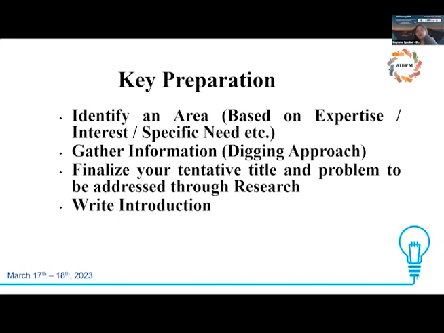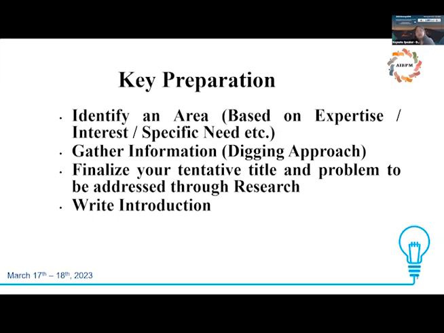Don't be under the pressure that first I will decide my title and then follow it as it is. No, it doesn't happen that way. Sometimes the study needs you to improvise on your title as it goes further. So we call it a tentative title unless we finish our study.